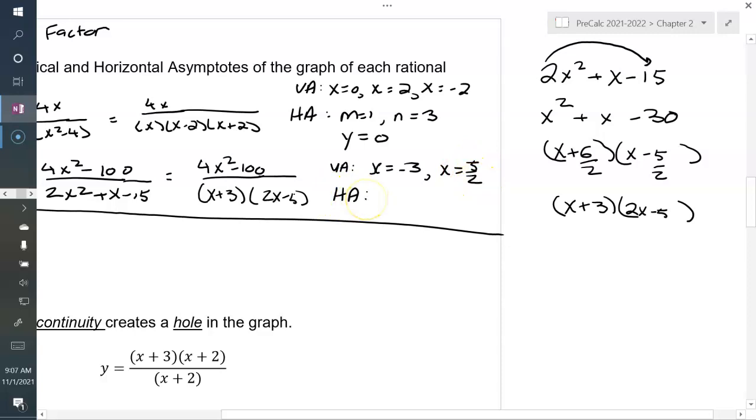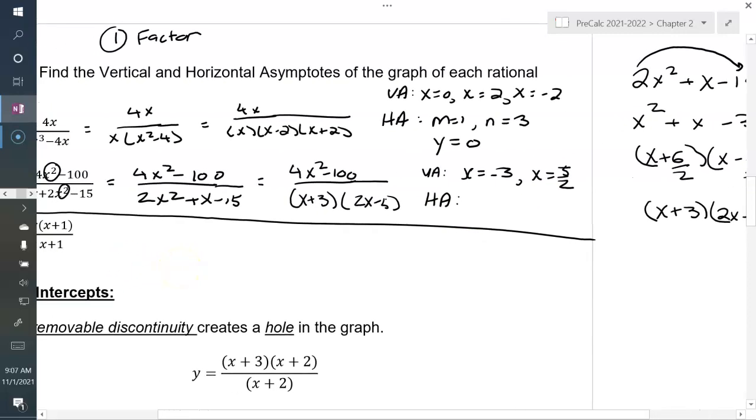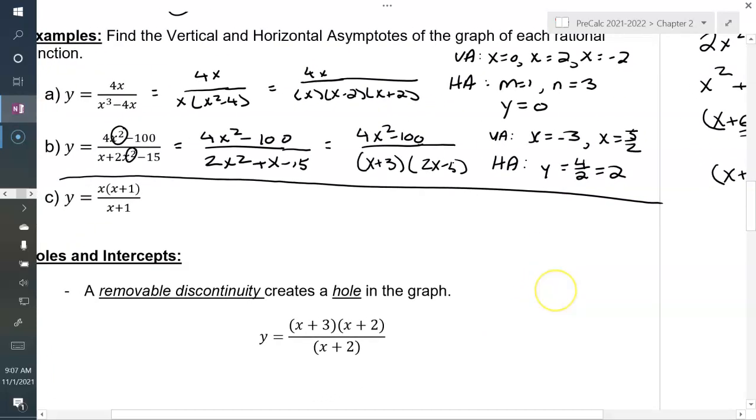Horizontal asymptotes, we'll compare the degree of your numerator with the degree of your denominator. They're both the same. So now take your leading coefficients, and it's going to be y equals 4 over 2, so y equals 2. That's where your horizontal asymptote is.